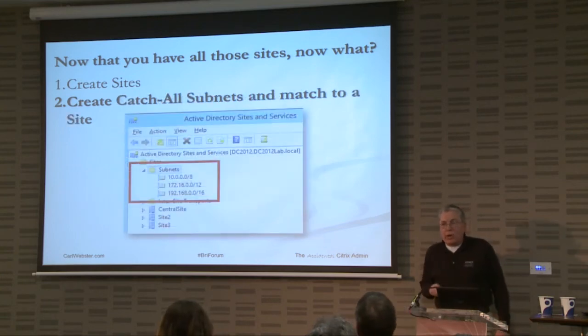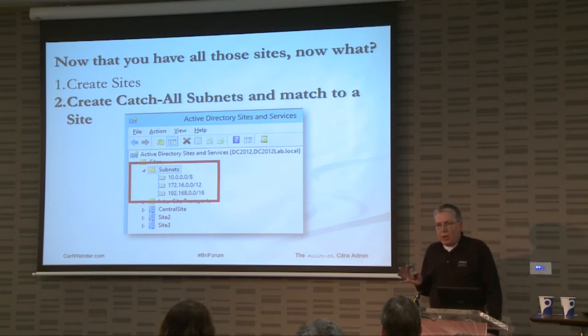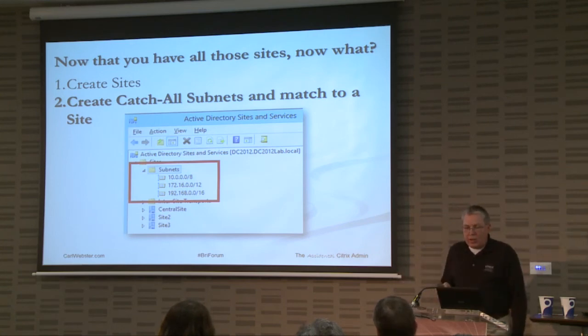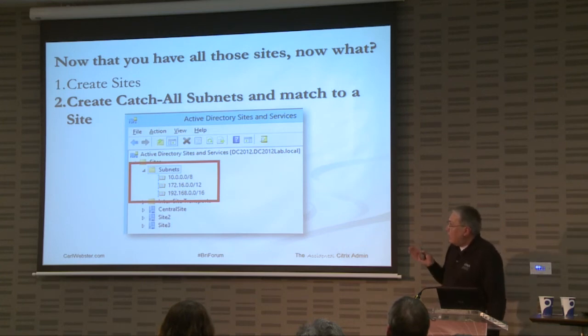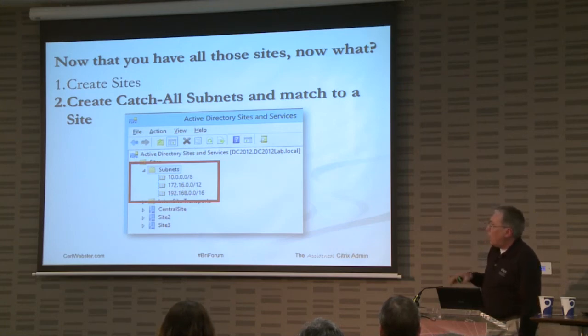You can also create catch-all subnets. This doesn't work in a lot of very large enterprises, but you can create a catch-all subnet. So say for this example, we've got 10.0.0.0/8 for the central site, 172.16.0.0/12 for site 2, 192.168.0.0/16 for site 3.